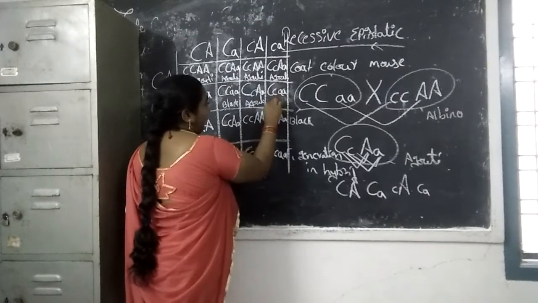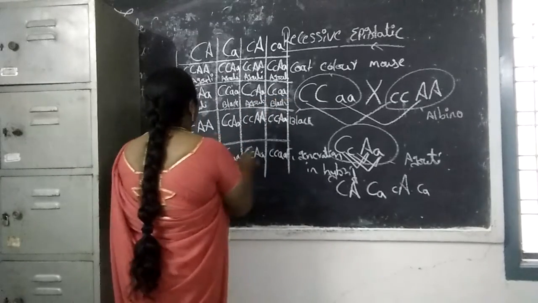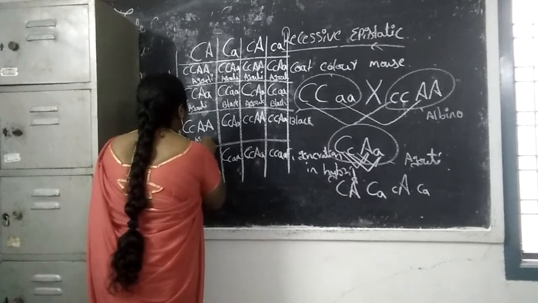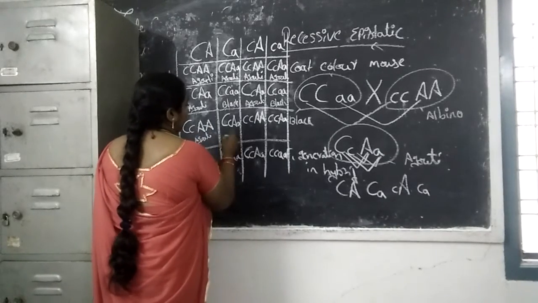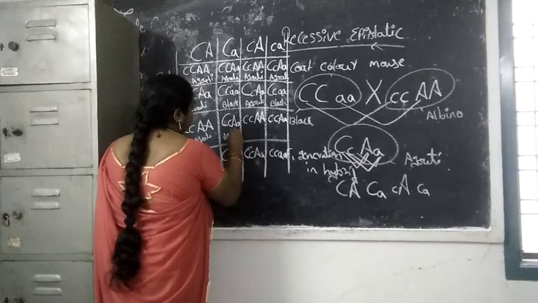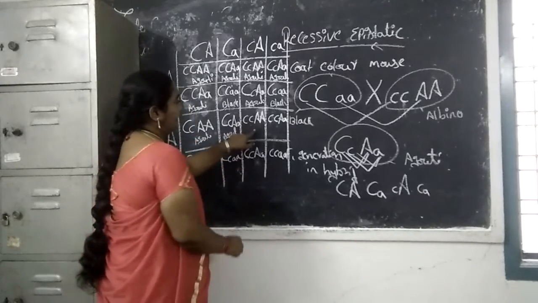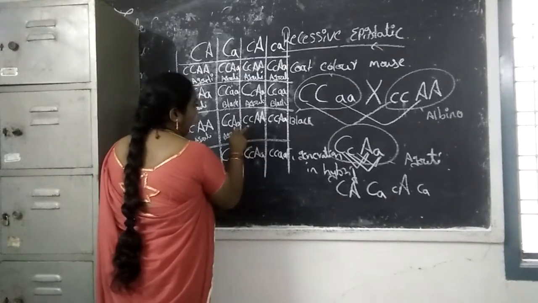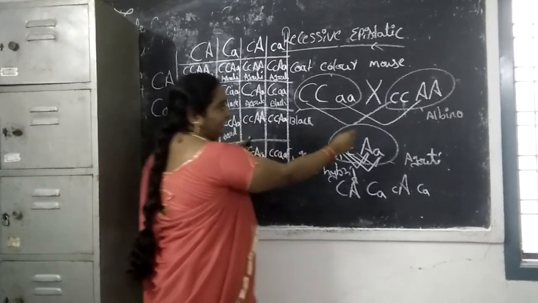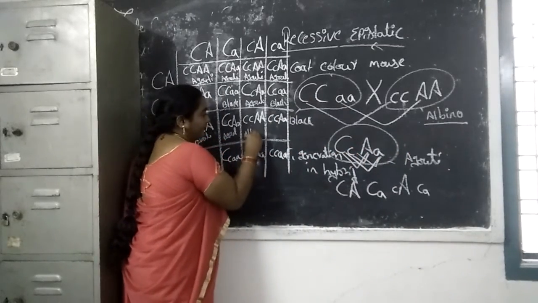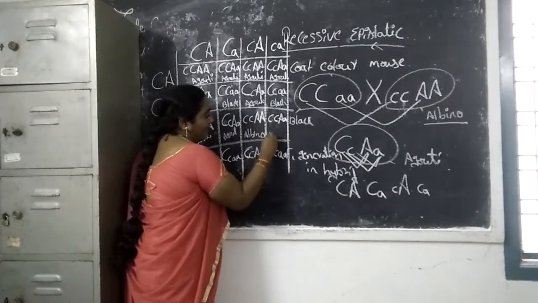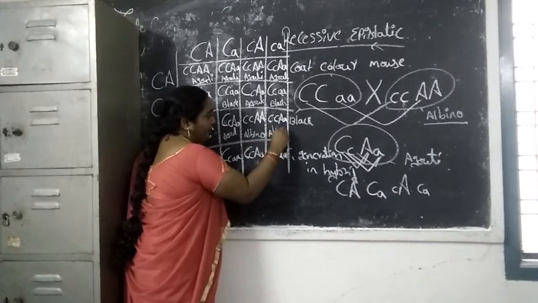Again black. Next one agouti, agouti. Small c, capital A is called albino. It is also albino.